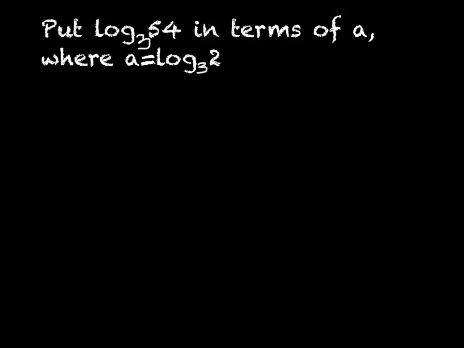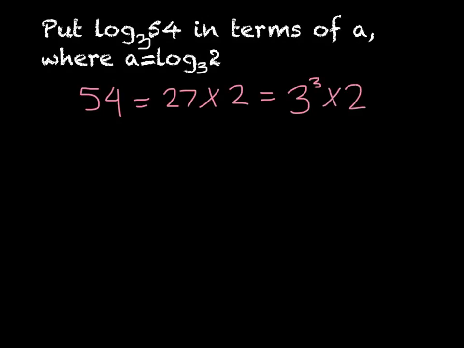So first, we need to note that 54 is equal to 27 times 2, or 3 to the third times 2. So now we can rewrite our logarithm as log base 3 of 3 cubed times 2.